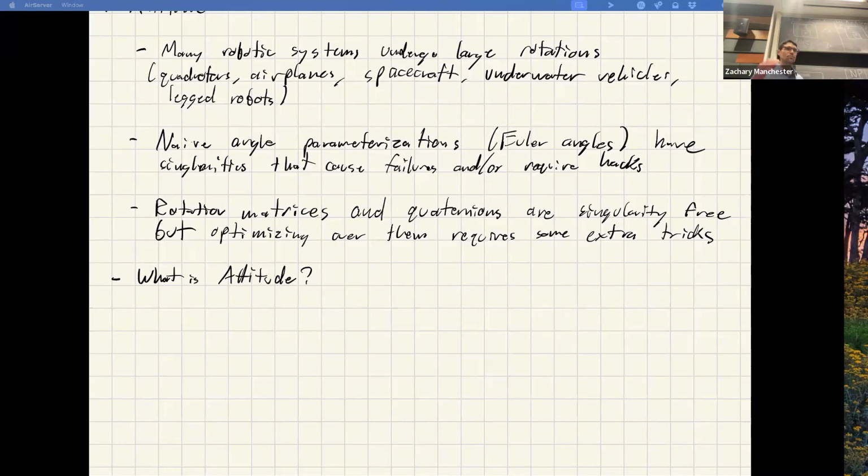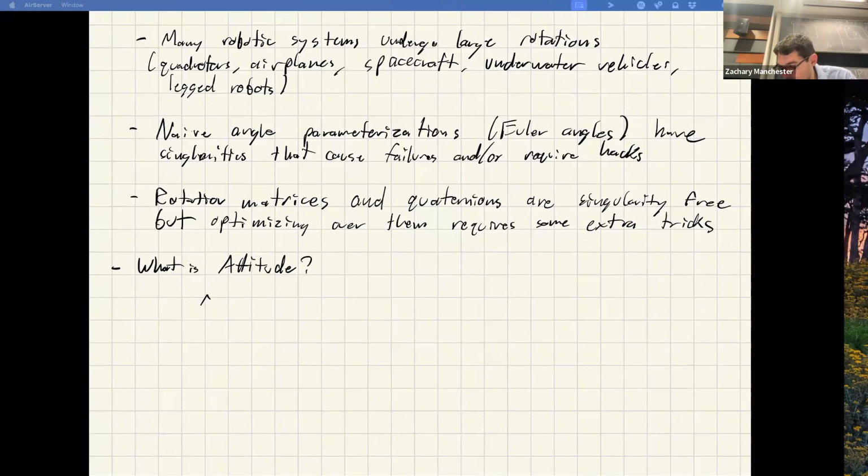So the working definition that we'll use, which is pretty standard in engineering, though it varies, is that it's the rotation from some body-fixed coordinate frame on the robot to some global inertially fixed coordinate frame that you make up, the world frame. I'll just cartoon this out.